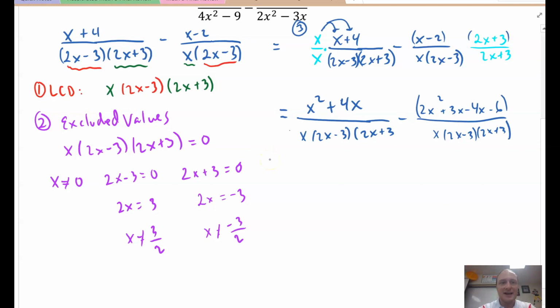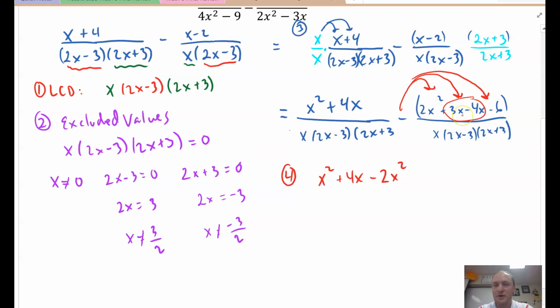And then lastly, step 4, we're going to go ahead and add or subtract. Now, I have this negative, right, which is going to change every single term, okay? And notice, these are like terms, so we will combine those, okay? So we have x squared plus 4x minus 2x squared.